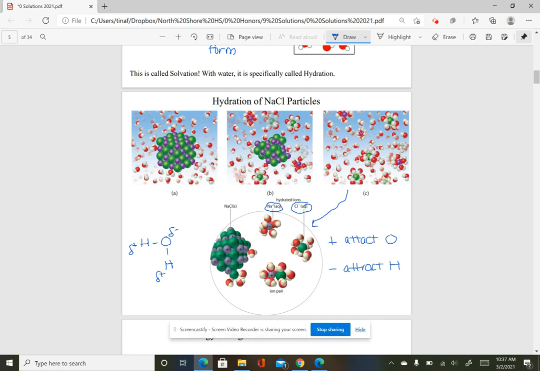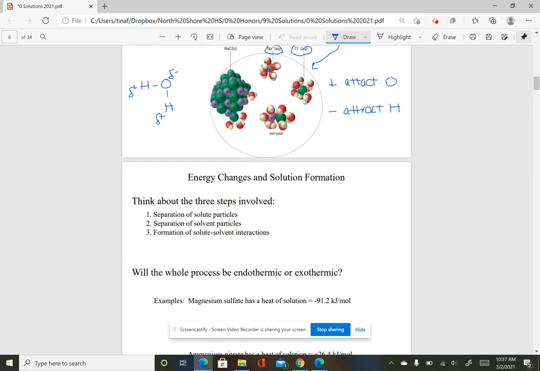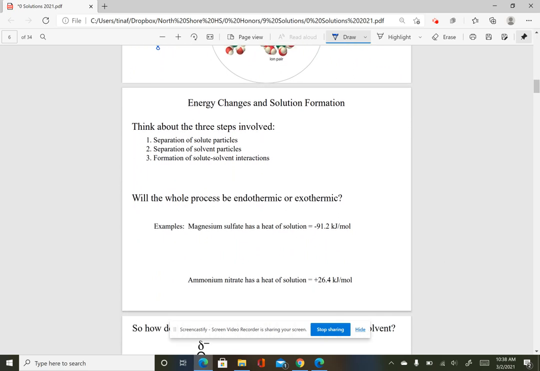Okay. We also have energy changes associated when we make solutions. And sometimes you can actually feel those energy changes from the outside. When you dissolve something in water, the water might get warmer or colder depending on what's going on. So if you think about BARF, which again we talked about in the bonding unit, to break a bond, you need to absorb energy, and to form a bond, you need to release energy, right?